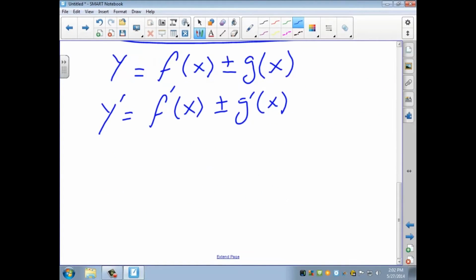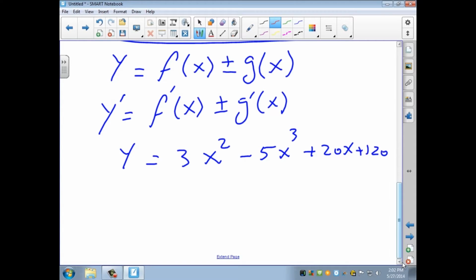As an example, y can be, say, 3x to the second minus 5x to the third plus 20x plus 120, for example. So you have more than two individual pieces. So this is one function, this is a function, this is a function, this is a function. So this is like f of x plus g of x plus k of x plus. So for that you have to take the derivative of individual pieces.